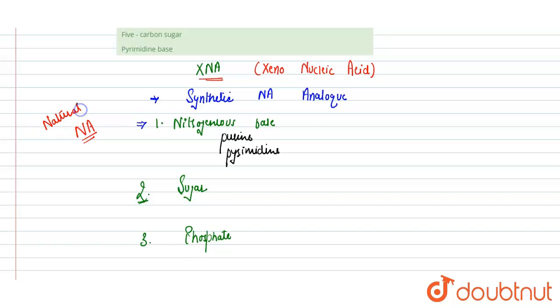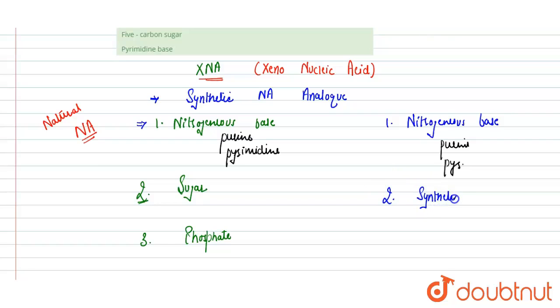Now if we talk about xenonucleic acids, it is analogous to that, but there are certain changes. First is the nitrogenous base. Here also the nitrogenous base remains the same, it contains the same purine and pyrimidine, completely the same. Second, it also contains sugar, but here it contains artificial or synthetic sugar.